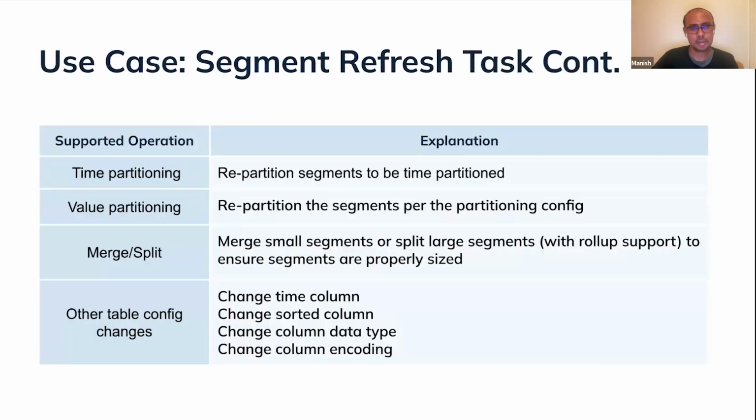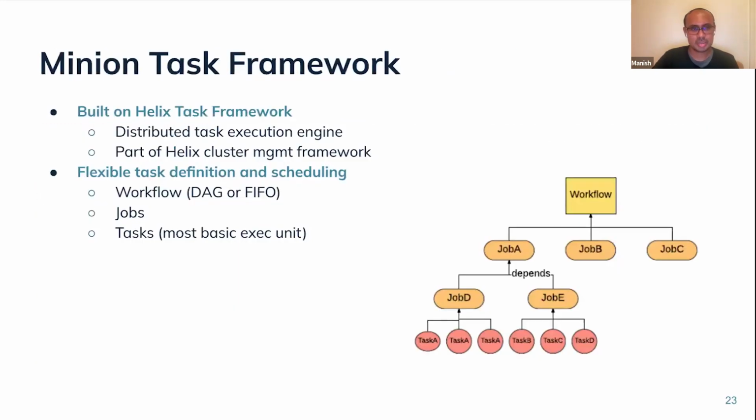Now that we have seen these use cases, let's look at how it actually works: how the work is kicked off and where it actually happens. So just to give a very short intro to the task framework. The Minion task framework is built on the Helix task framework.